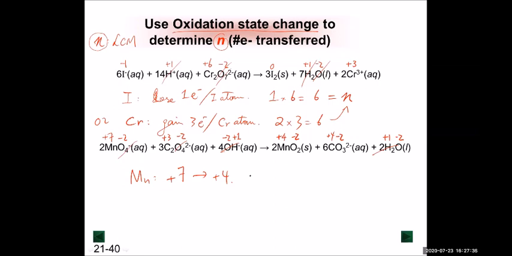How many electrons does manganese gain or lose, from +7 to +4? Lost 3 electrons. Wait, it's gain. You can see the oxidation number decreases. A decrease in oxidation number means gaining electrons.